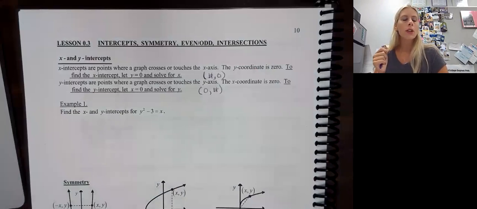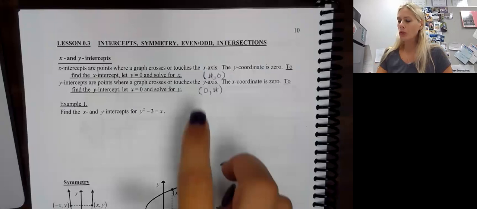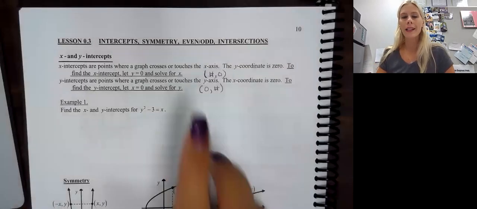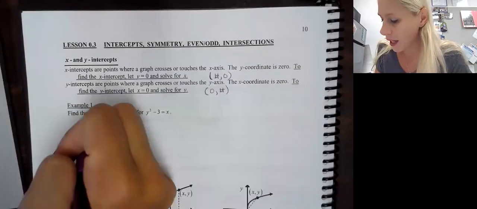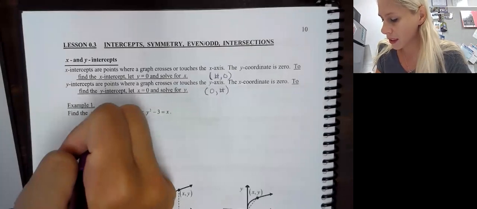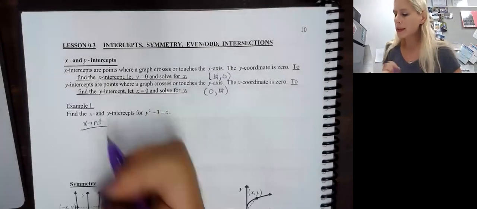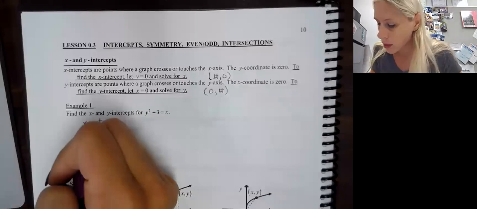Okay. So example 1, find the y and x intercepts for y squared minus 3 equals x. Now, there's different ways we could do this with graphing and all that other stuff, but the easy thing to do is do what it says up here, plug in. So let's solve for the x-intercept first, which means I'm going to plug in 0 for y.